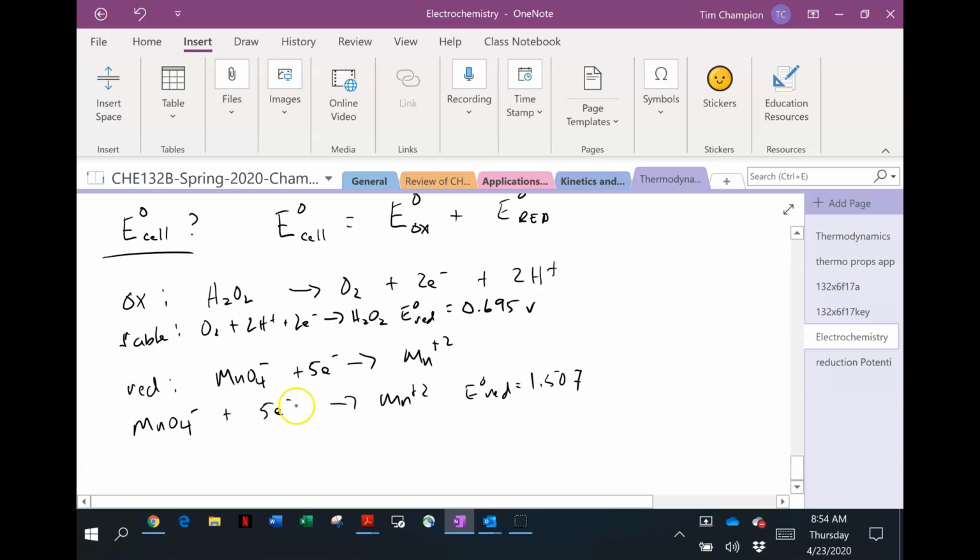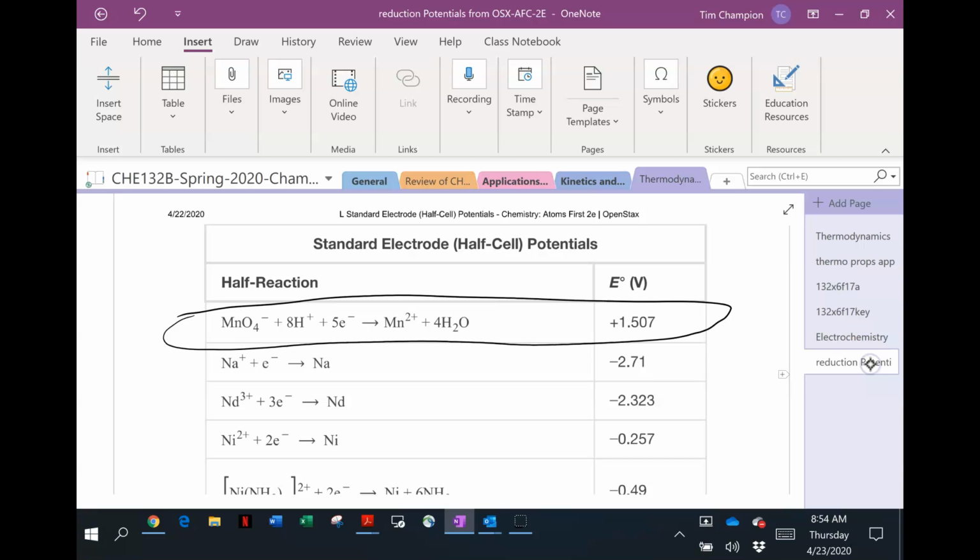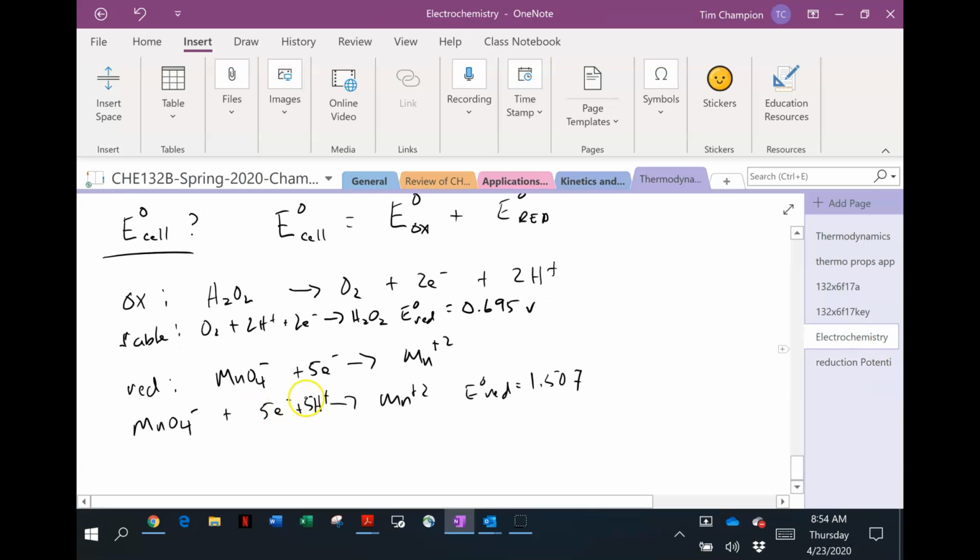And there were, I think, 5 H pluses. Is that right? No, 8 H pluses and 4 H2Os. Again, we didn't worry so much about the hydrogen atoms and the water molecules here, but that's pretty much our reaction. Now, the oxidation half reaction is not written the right way for us.